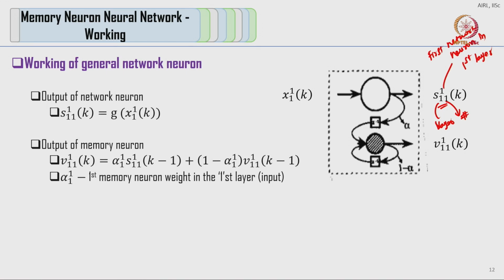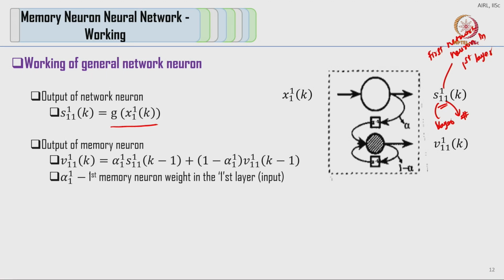So S11 of k, where k is a sampling instant, is the output coming from the network neuron, which is nothing but g of x1 of k. g is your activation function, and x1 of k is the net input coming to the network neuron.